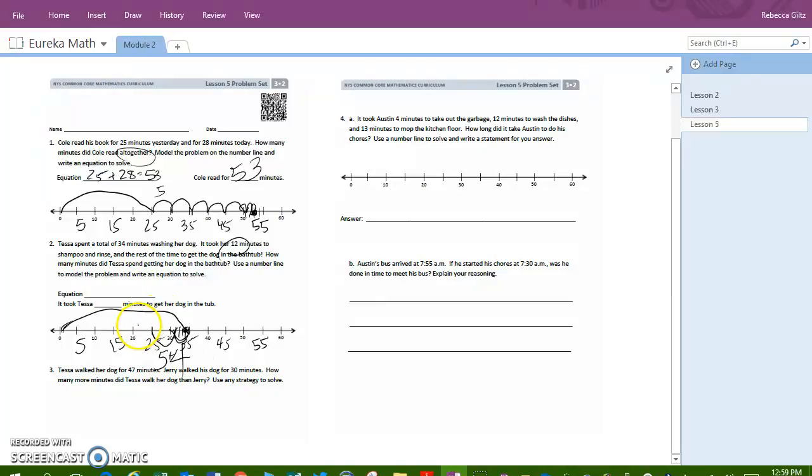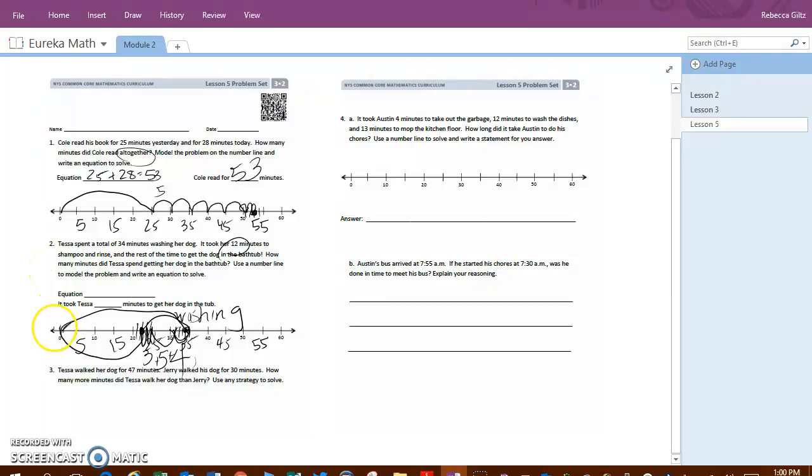And then I need to go back 3 more minutes to make a total of 12. So 1, 2, 3. I'm right here. So 3 plus 5 plus 4 is the total of 12 minutes she spent washing the dog. This time right here is washing. The rest from here to here was getting her in the bathtub.